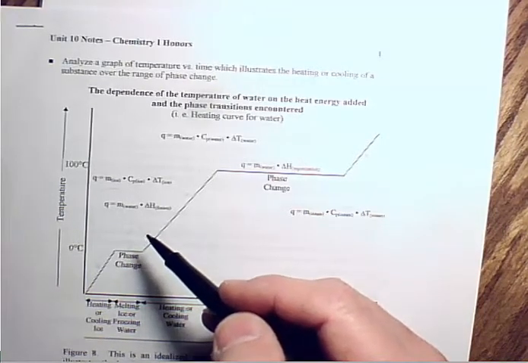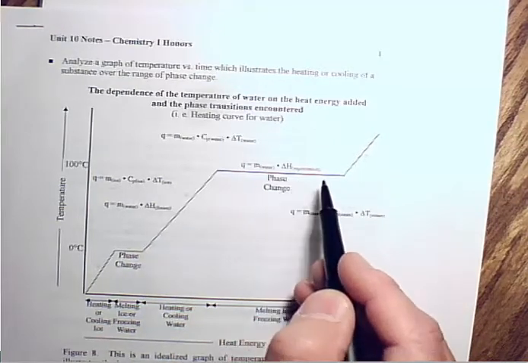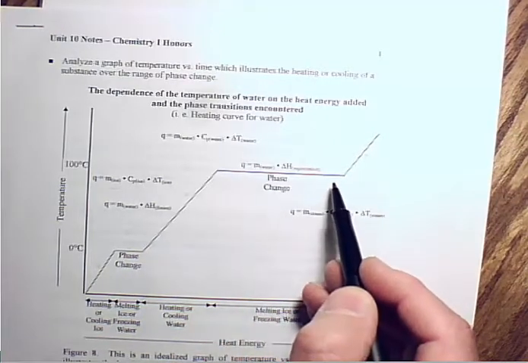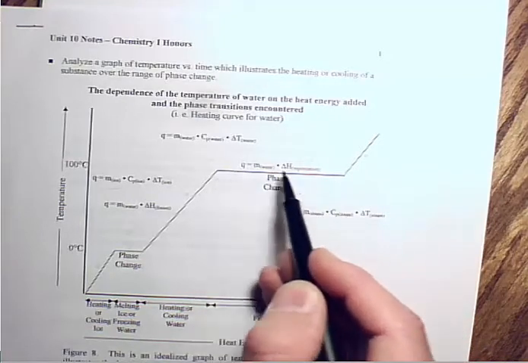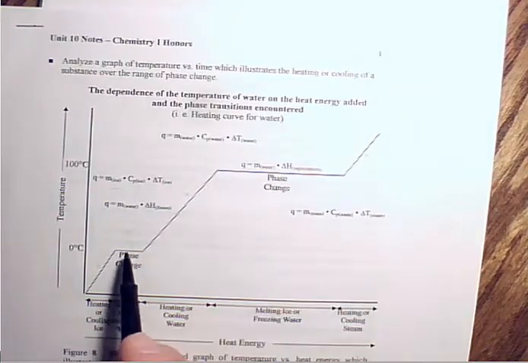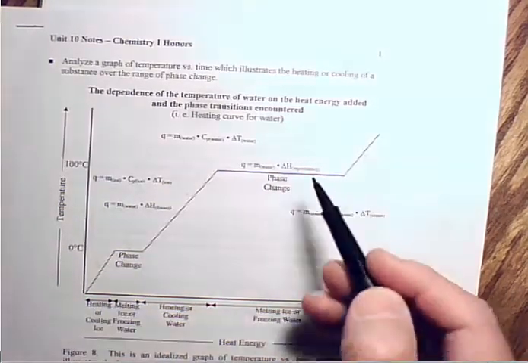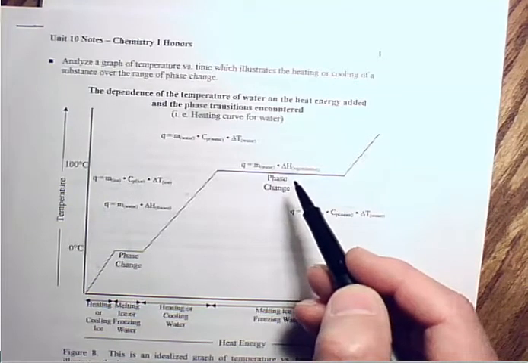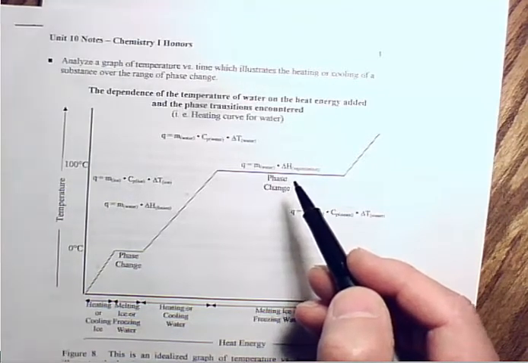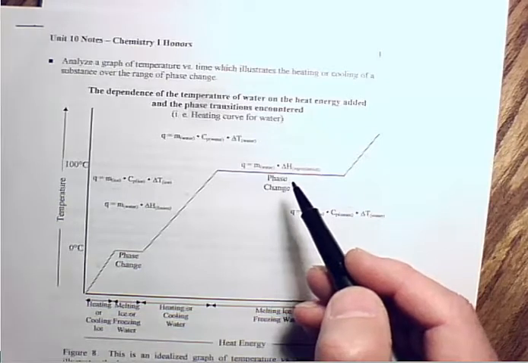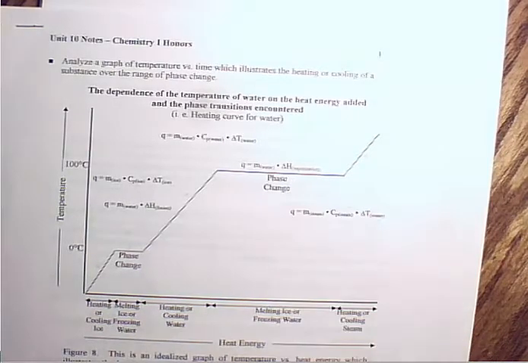That makes sense? The same with delta H. If I'm removing heat to either condense something as we have at this part of the graph or freeze something as we have in this part of this graph, then the delta H has to be negative. Now, it's not automatically going to come out that way for you in a calculation because we don't have a calculation for delta H at this level.